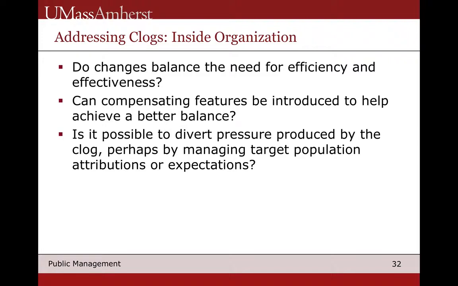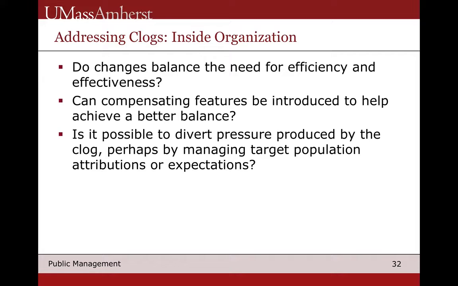What we want to do is consider a set of questions quite systematically. The questions might be things like, if we're going to address a clog, does the change that we're suggesting balance the need for efficiency and robustness or effectiveness? Because there's also effectiveness, which is the idea that the outputs are what we actually want them to be.